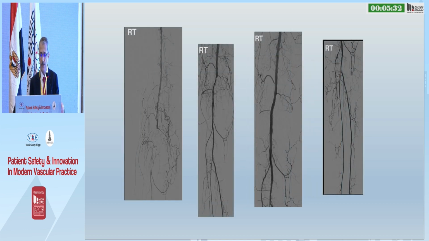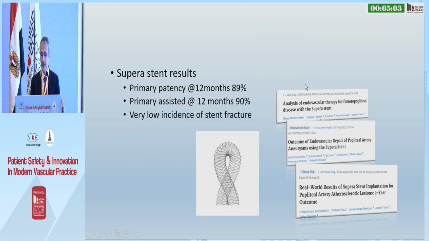There's another case with also total occlusion of the P3 and the P2 as well, and also because of the suboptimal results post-angioplasty, I tend not to leave any suboptimal intervention, because even if everything is running, the lesion will go down soon. I put a stent with good results. The stent, generally speaking, has very good results.